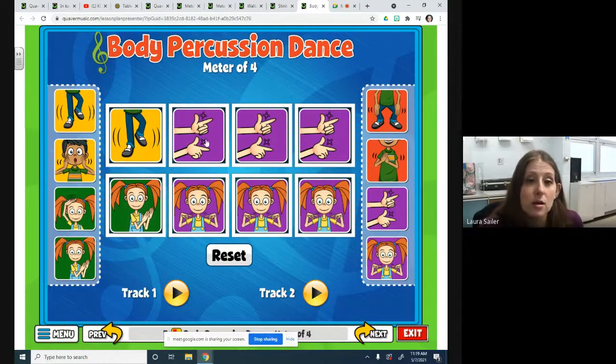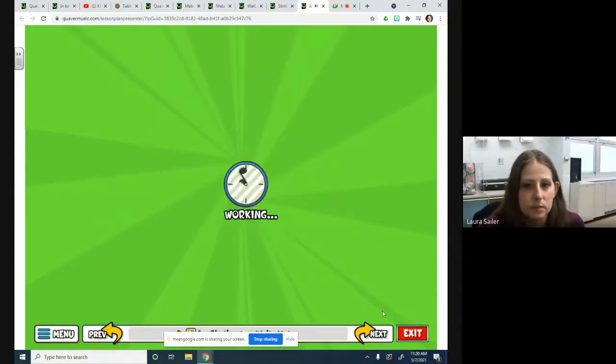Remember, we have strong, weak, and we can play march, snap, snap, snap, clap, tap, tap, tap. And then we can play the more musical one. March, snap, snap, snap, clap, tap, tap, tap. Okay, so have fun making up your own body percussion dances in the meters of 2 and 4.